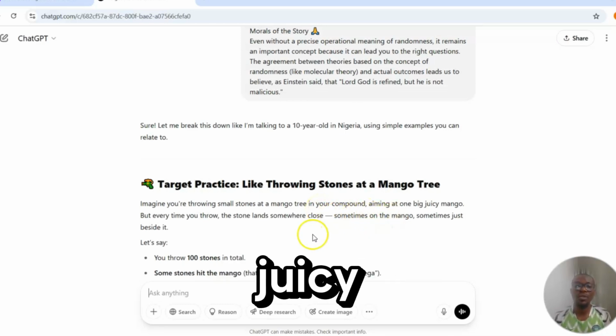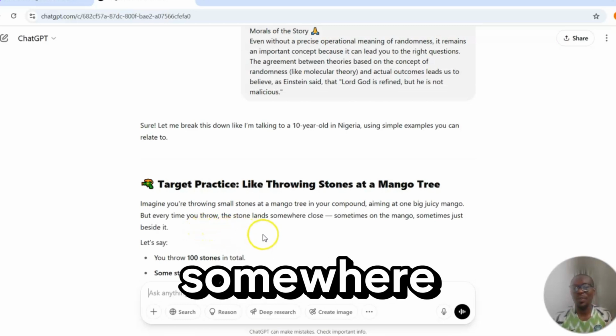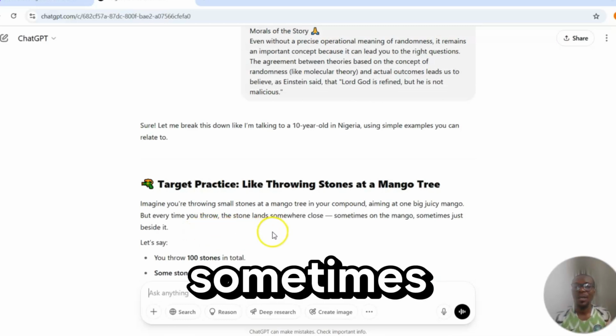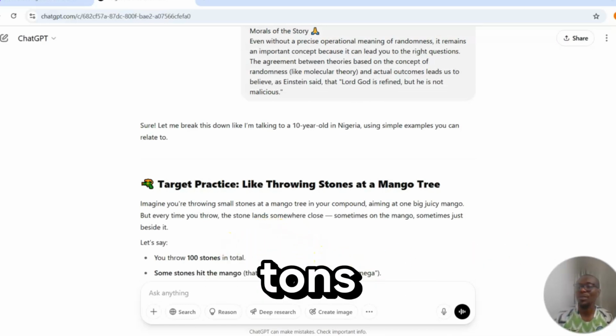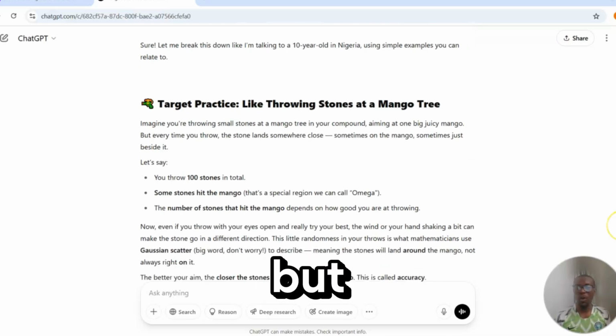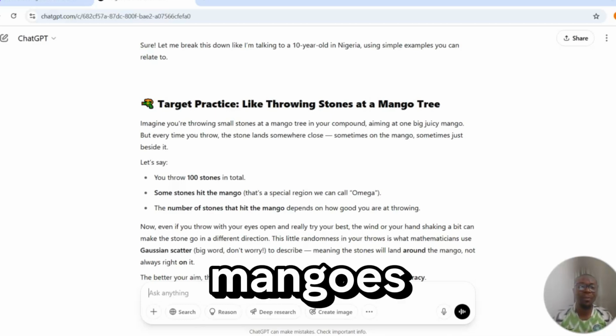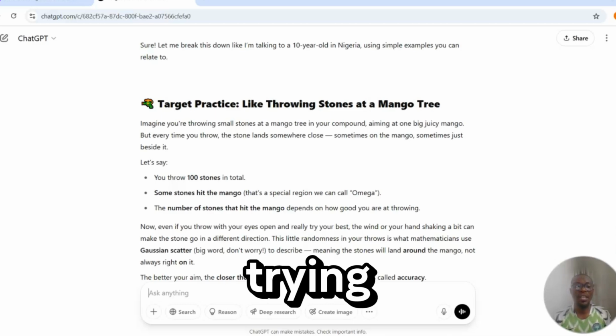Aiming at one big juicy mango, but every time you throw, the stone lands somewhere close. Sometimes on the mango, sometimes just beside it. Now let's try. You throw 100 stones in total. I'm not going to read all this, but if you were once a boy, you know you've thrown stone at mangoes before. So that's exactly what ChatGPT is trying to do.